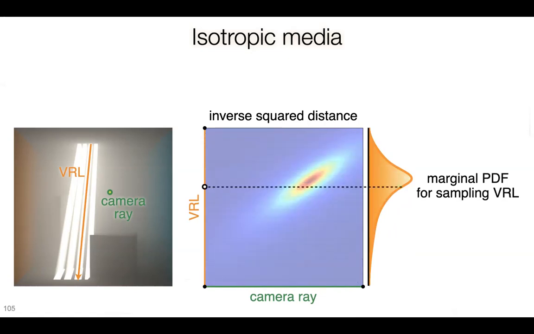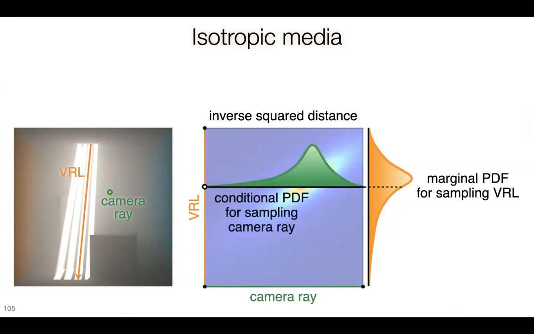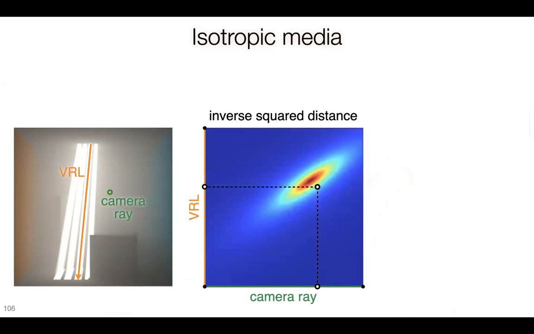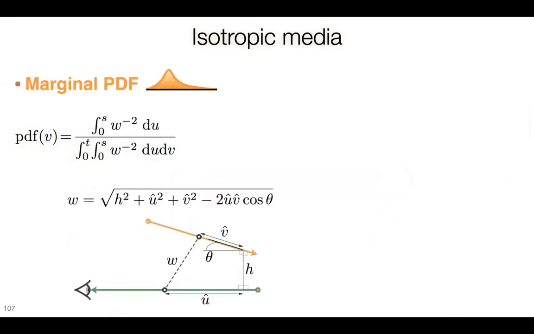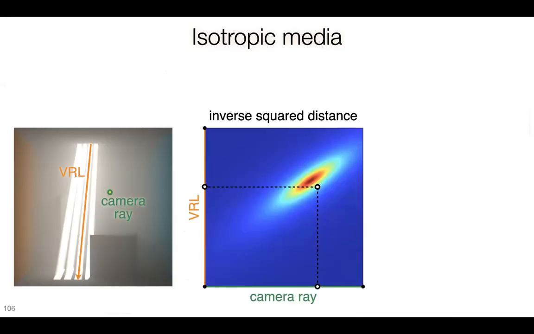And once you have that, then for one particular location of your VRL, you importance sample using the conditional to get the corresponding sample on the camera. By performing this operation for each of the samples, you could generate all the samples.